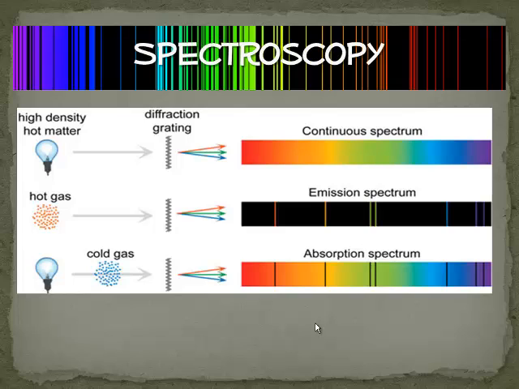And lastly, you have a continuous spectra produced by a hot object that passes through a cool gas before going through the diffraction grating. And what you will see, the kind of spectra you'll see, is an absorption spectra in which certain specific colors of light have been removed from the continuous spectra produced by the hot object.